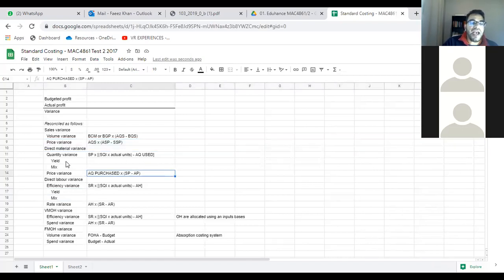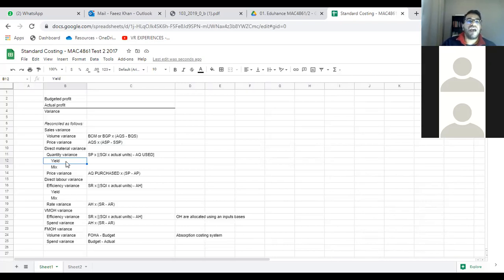Now, when can you have a yield and a mix? For direct material and for labor, I'll explain from a direct material point of view. The same thinking applies for direct labor. If you have more than one direct material and those direct materials are interchangeable, only then is a yield and a mix possible.